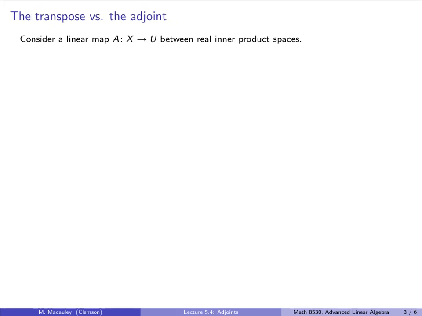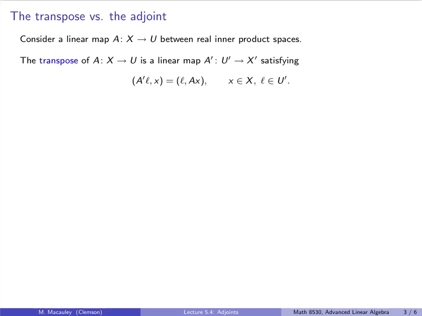Now, let's consider a linear map, A, between two real inner product spaces, X and U. Recall that the transpose of A is a linear map that goes backwards between the dual spaces, that is, from U prime to X prime, satisfying the following basic property, that L of Ax equals A prime L of x.